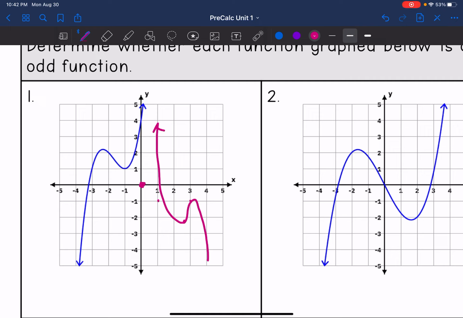Something like that. So it's not rotational. So think about it if I went kind of clockwise like this. It is not rotational around the origin.